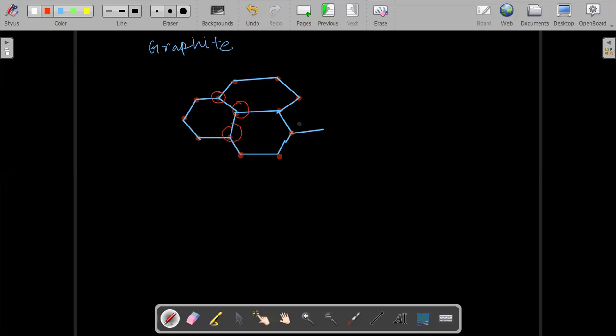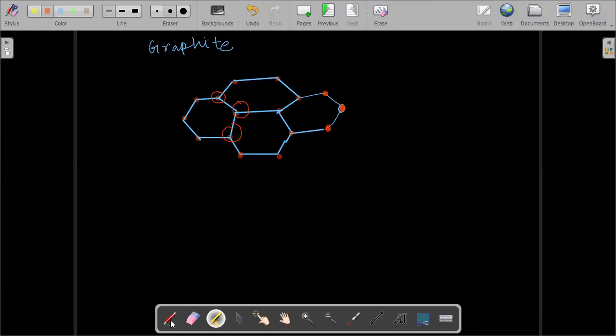Got it? So see, now every carbon is combined to 3 other carbon atoms.